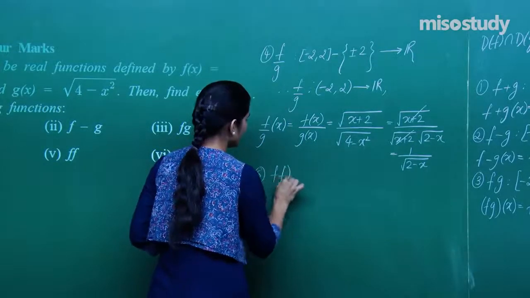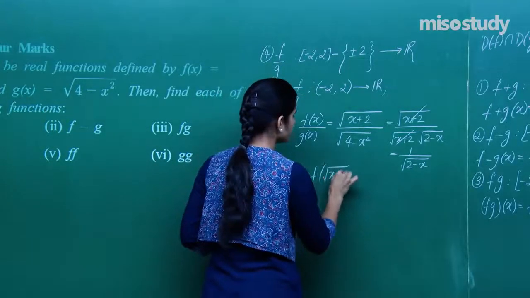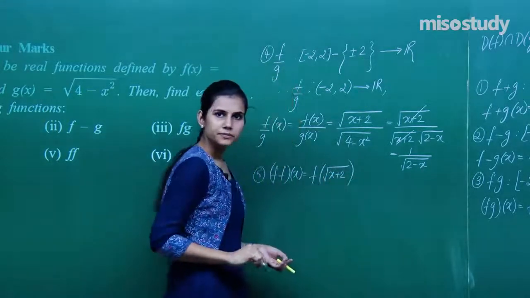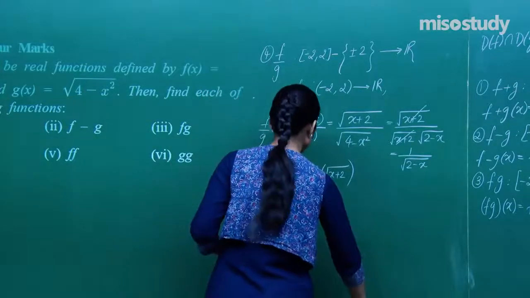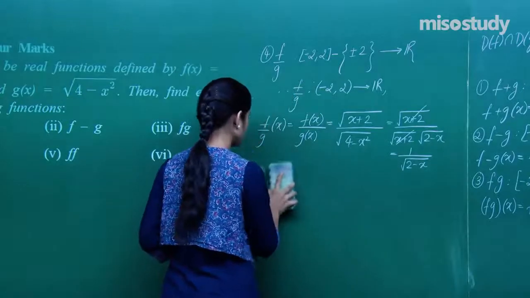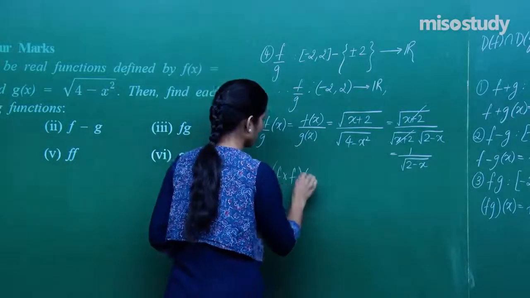Then you have f squared of x, this is very simple, f(x) is root over x plus 2. This is f(x) into f(x), it is actually f into f of x.